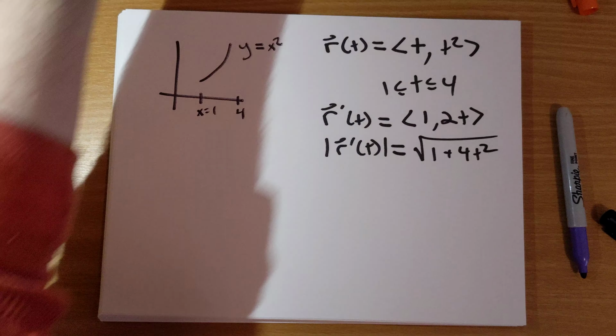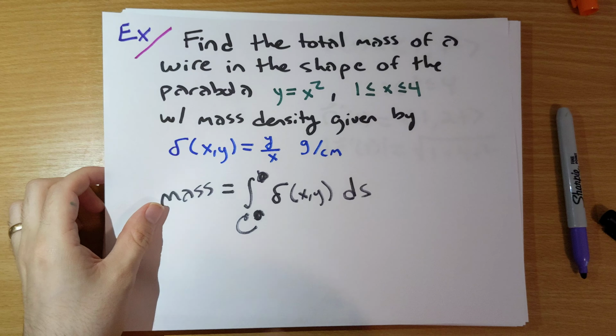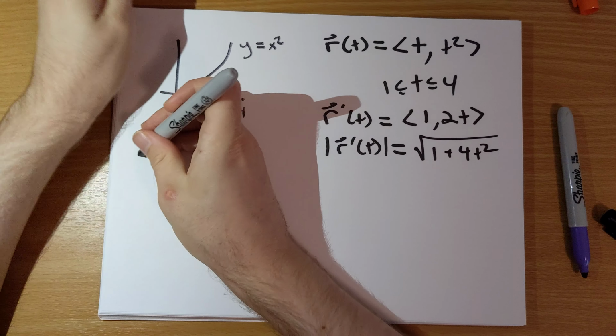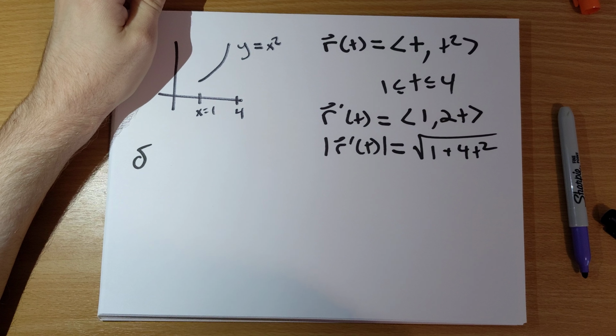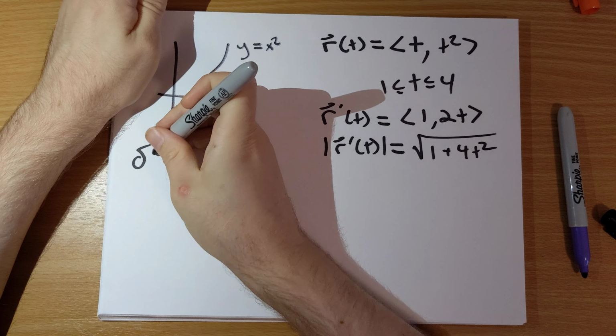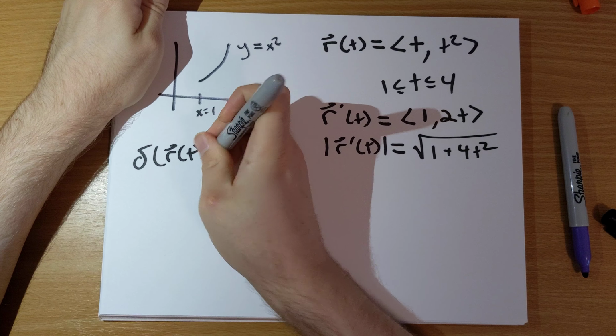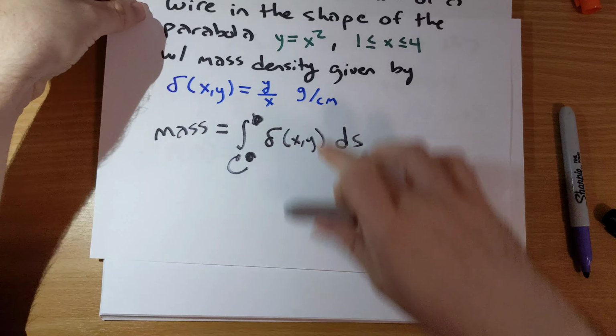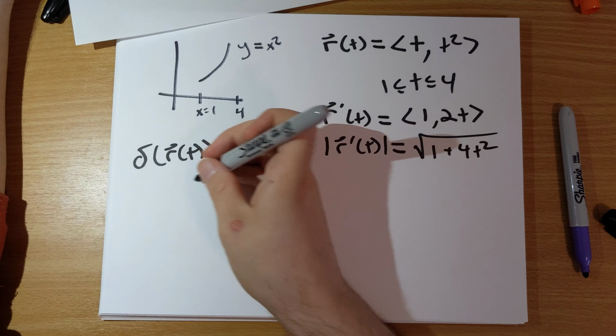Okay, so we got r prime of t. Now let's do delta. Plug in x and y, the components of r of t. So delta of r of t is equal to y over x.